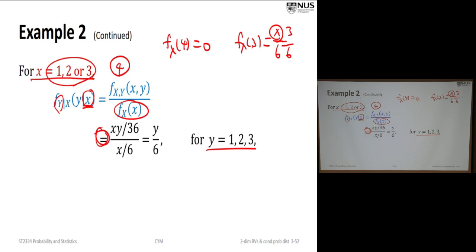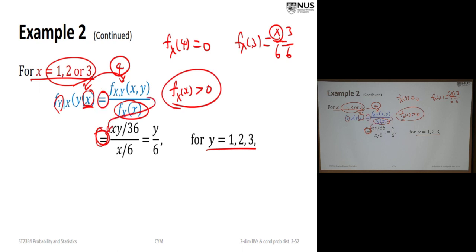All right. This is the definition. It's true for all x, y, so long as this is bigger than 0. Then this holds.